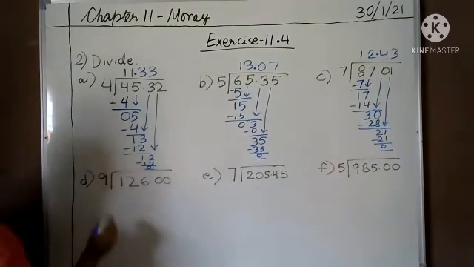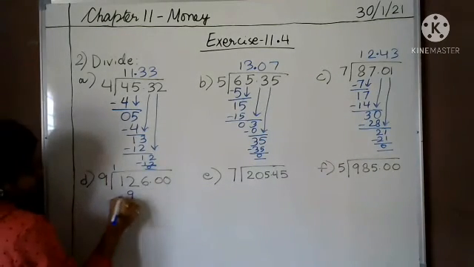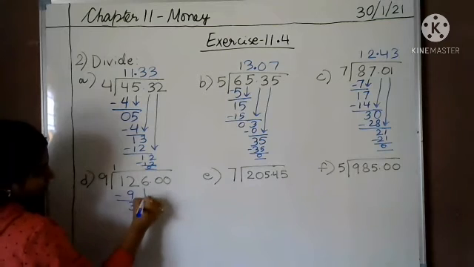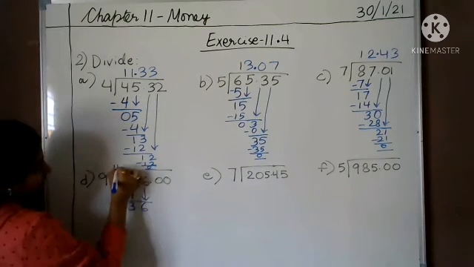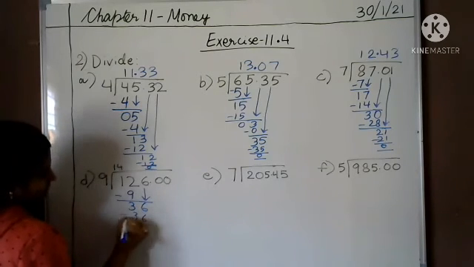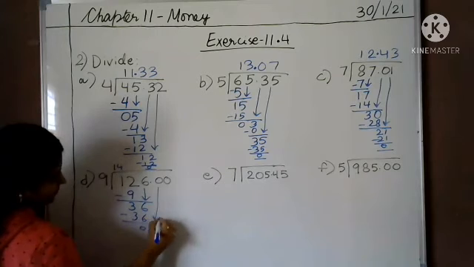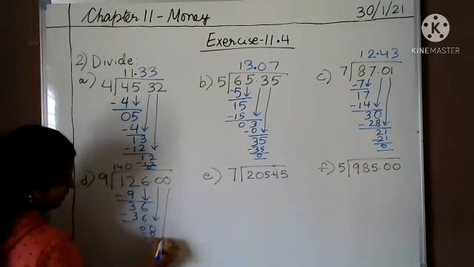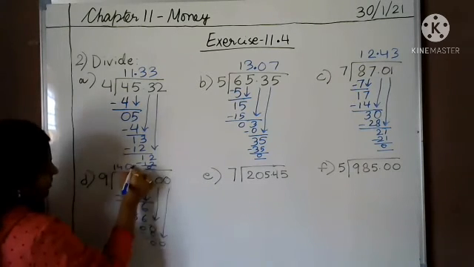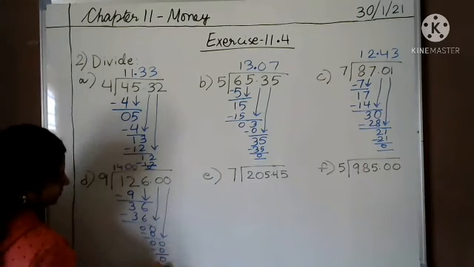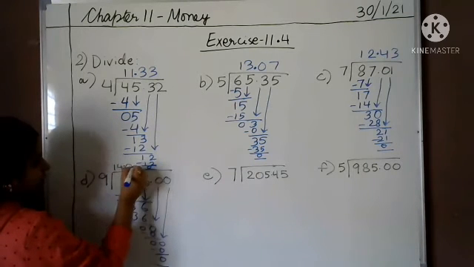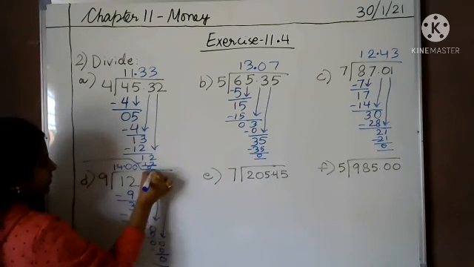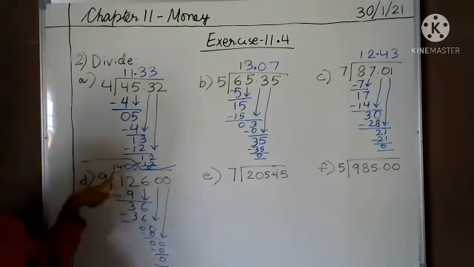Now this one, 9 ones are 9, 6 will come down, 9 fours are 36, zeros are 0, and then again one more 0. So zeros are 0. So the answer is 14 rupees. Okay.